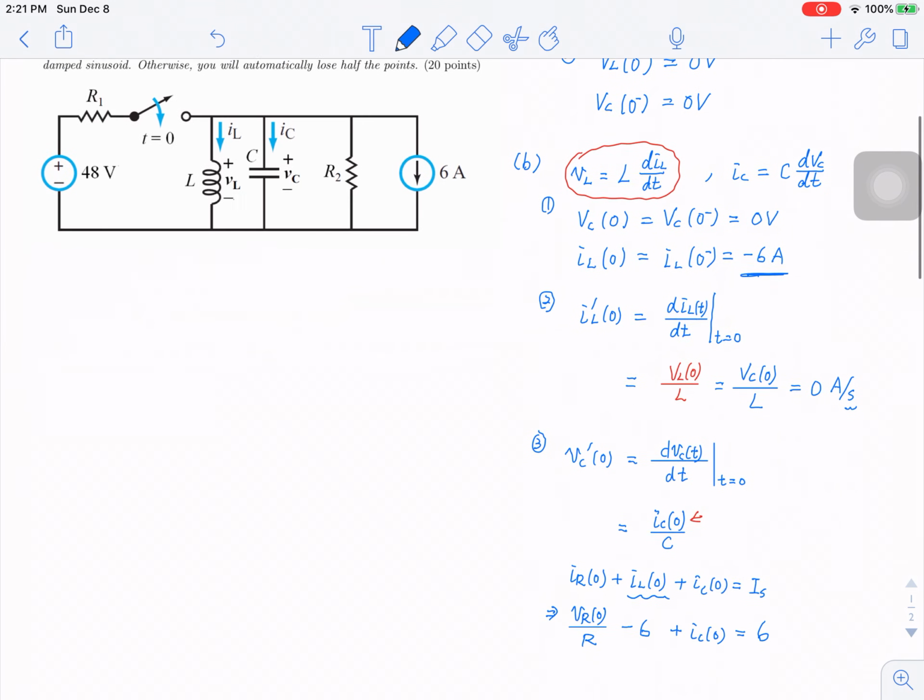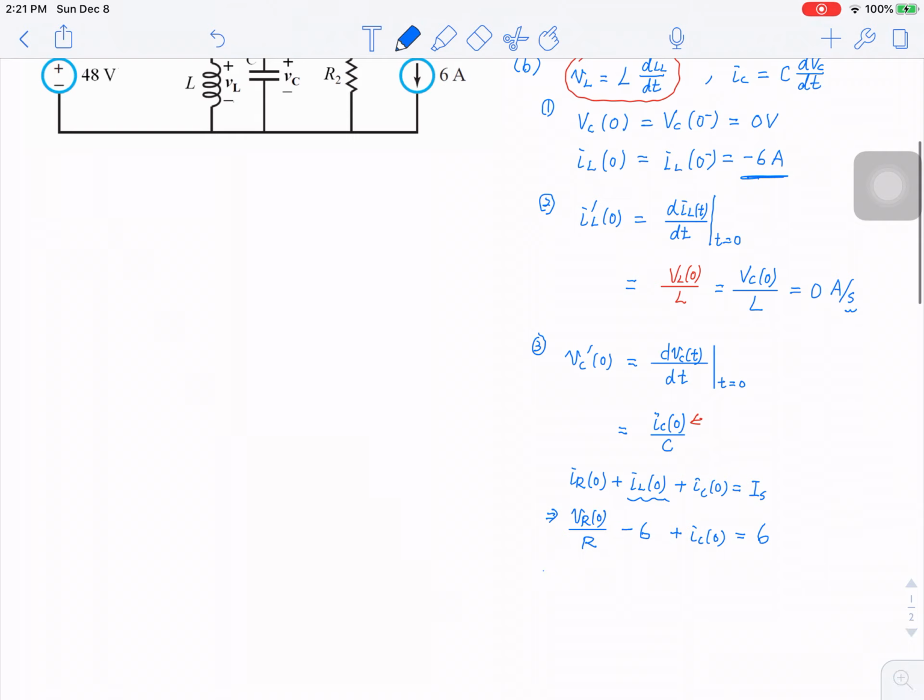Okay, so now we can get the following. Because VR(0) is 0, so this is 0, so IC(0) is equal to 12 ampere.